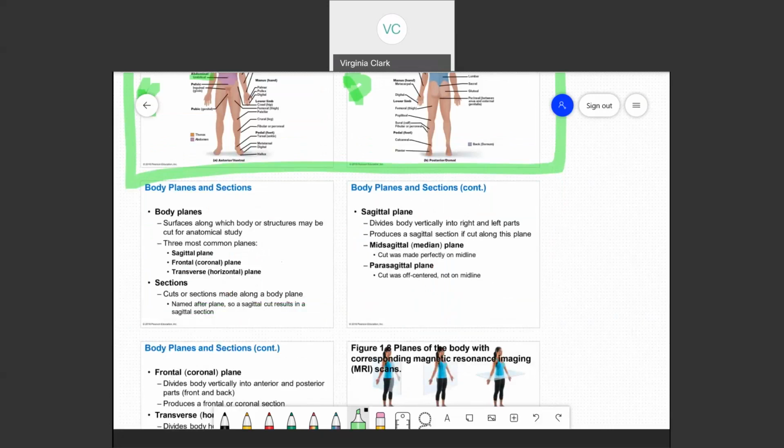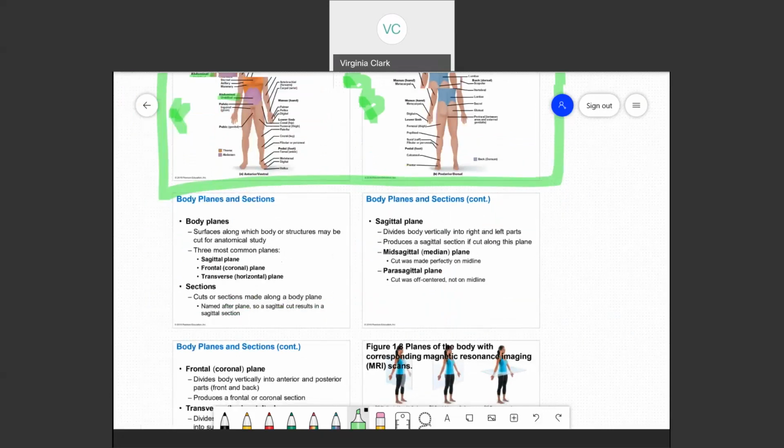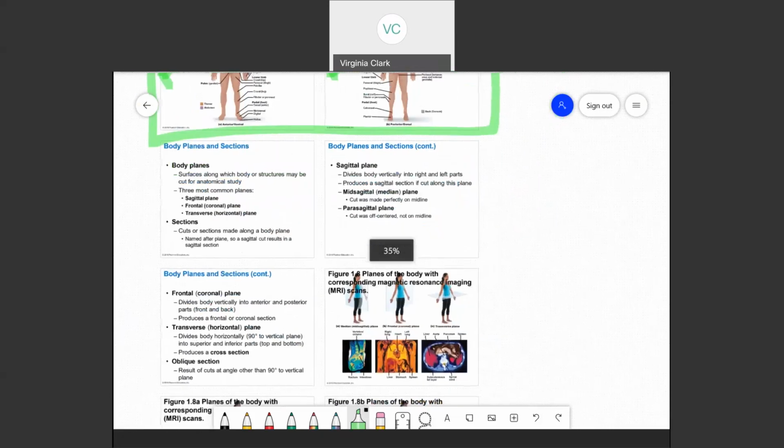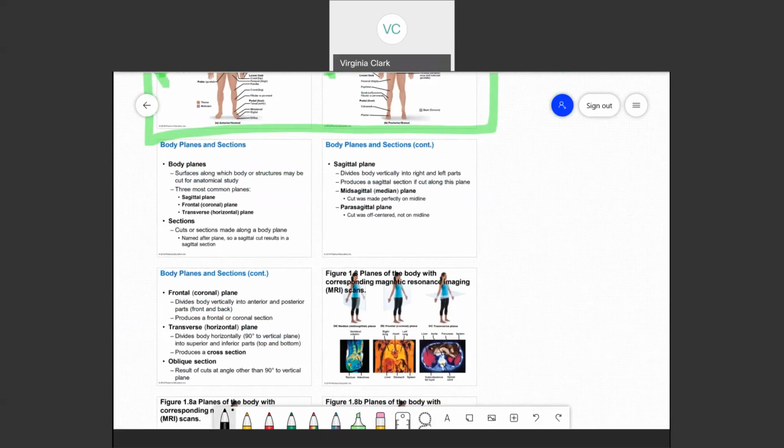Okay, the last thing that I'm going to cover is going to be the body planes. So when we're doing the body planes, what we are looking at is if we were to take our body that looks like this, how are we actually viewing our body and how are we able to perceive it?